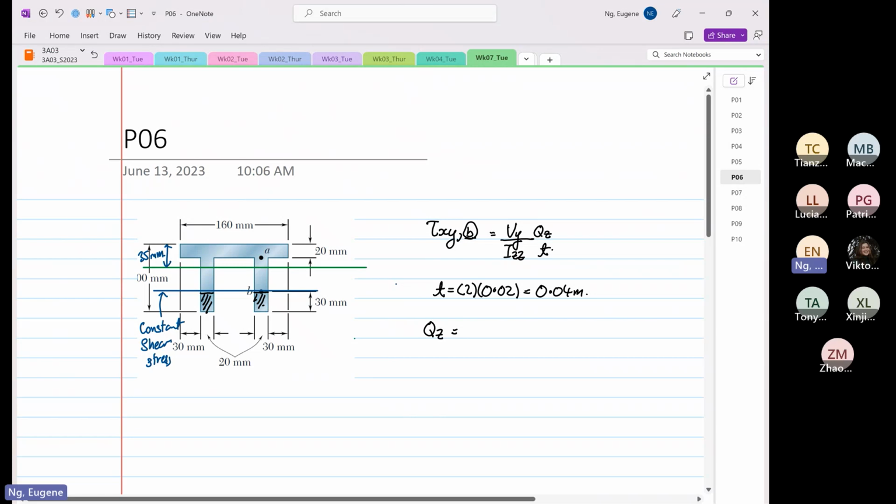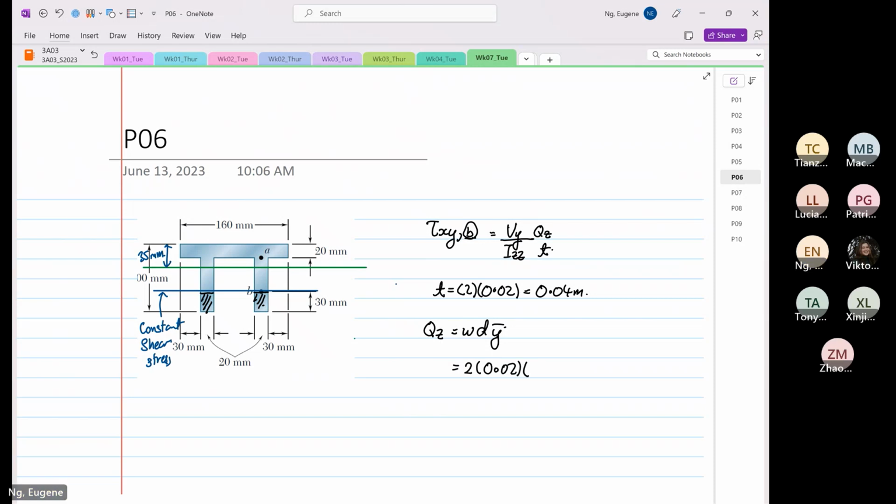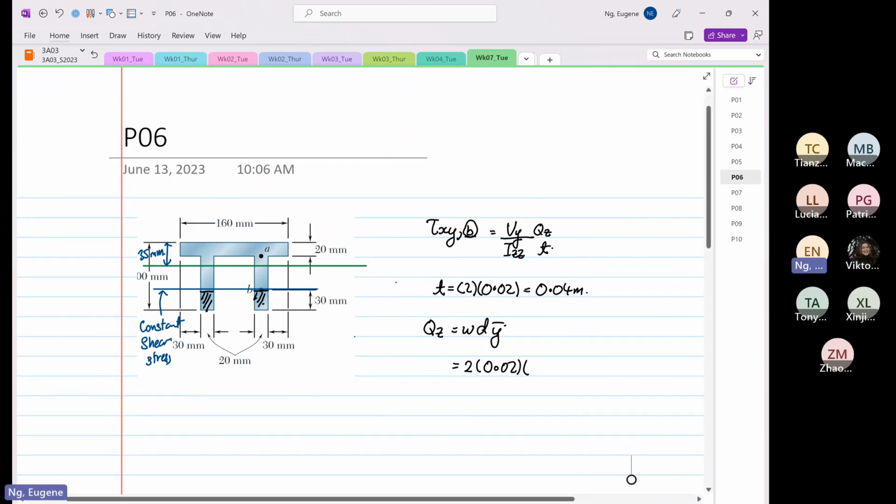This will be equal to width, depth, y bar. The width is twice multiplied by 0.02. The depth is equal to 0.03. Then the y bar.